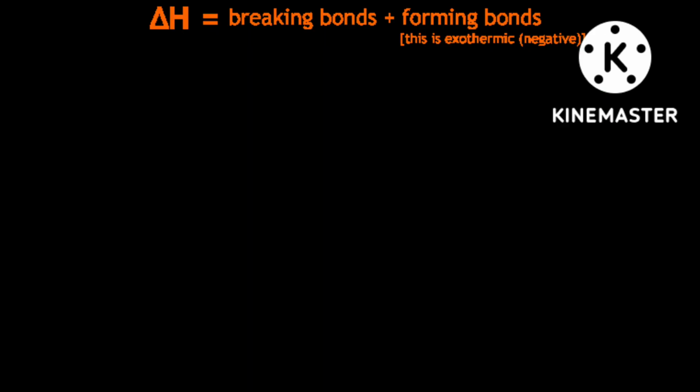In the last class video I gave one numerical also based on this formula. This is new and you should understand. Already I have told you that delta H means product minus reactant.